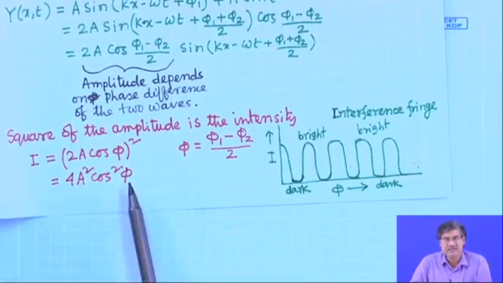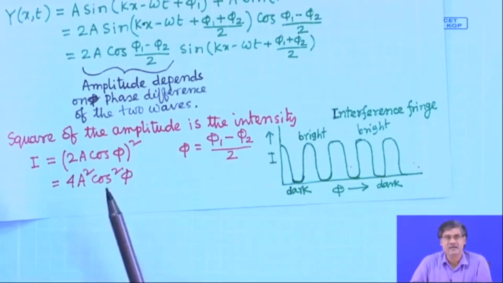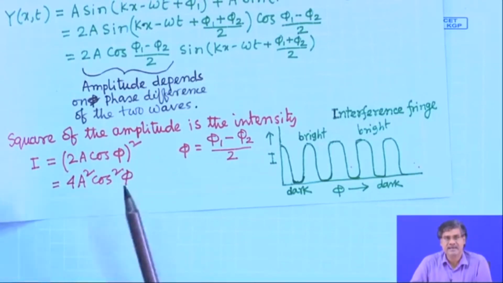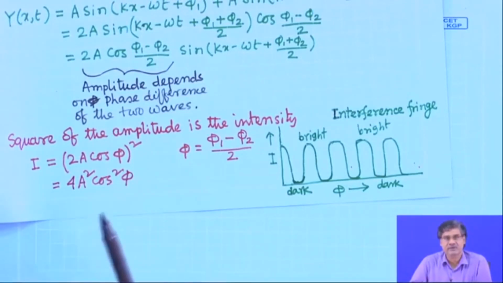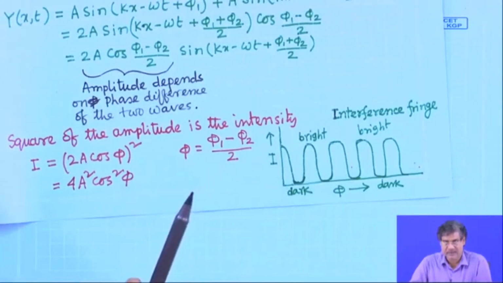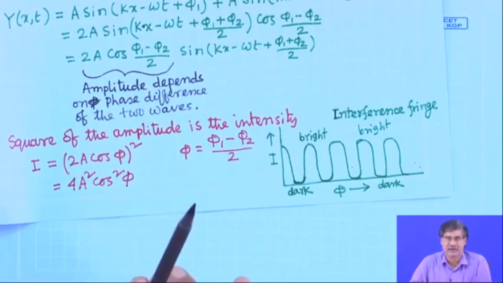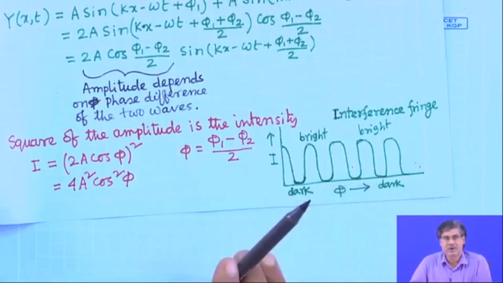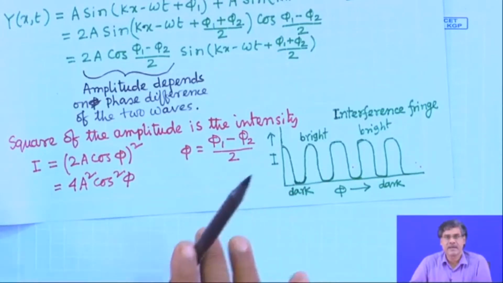So, this phi should not be a function of time or space. Okay. It is for a particular time and for a particular space. So, whatever the phase difference between these two waves at a particular time, at a particular space, it will remain constant.